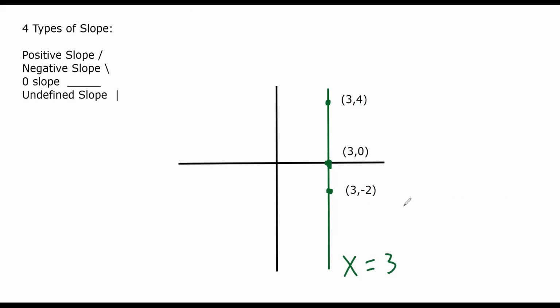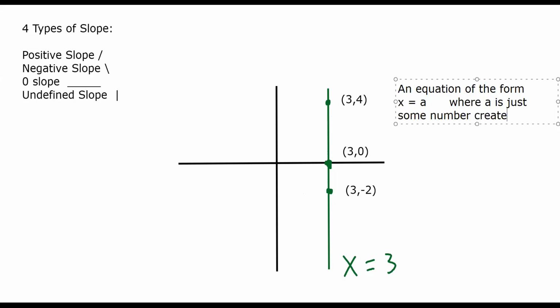You have to be careful. X equals 3, if you're just in one variable, on a single number line, you just click a single point on that number line, and that's your graph for it. Since we're expressing this in 2 variables, and we still want to express it on an xy coordinate plane, it's got to be a vertical line now. So an equation of the form x equals a, where a is just some number, creates a vertical line that crosses the x-axis at the point (a, 0).